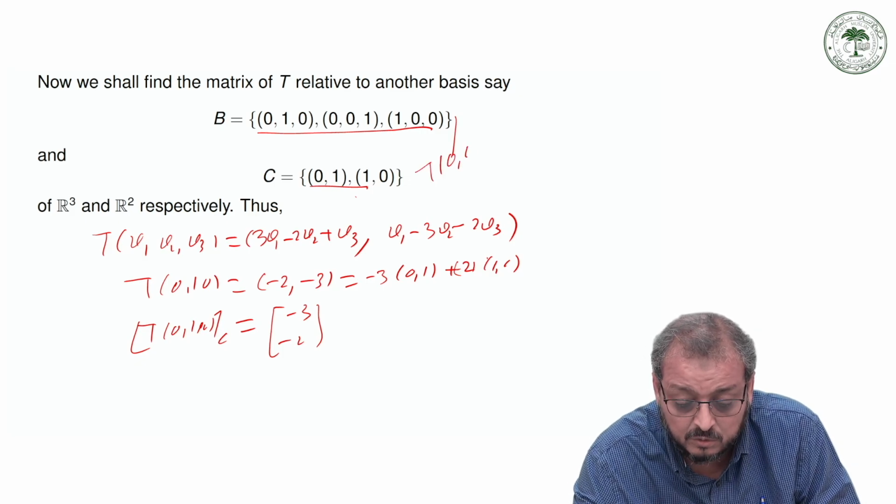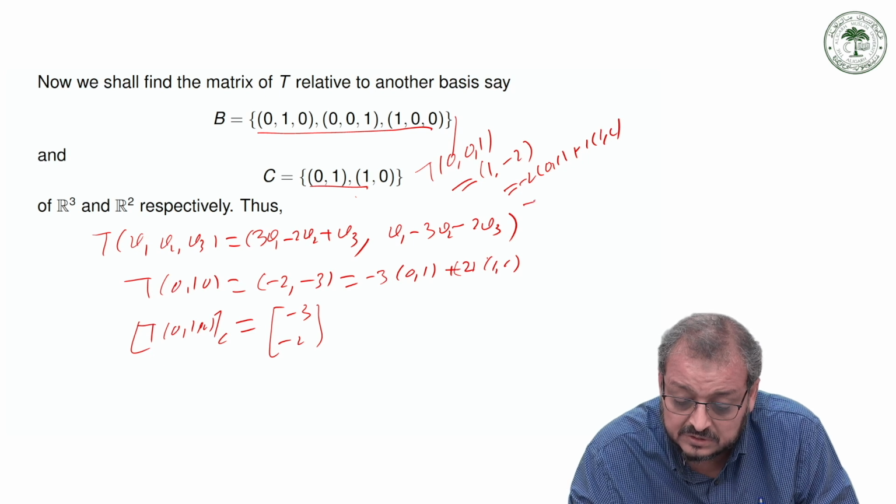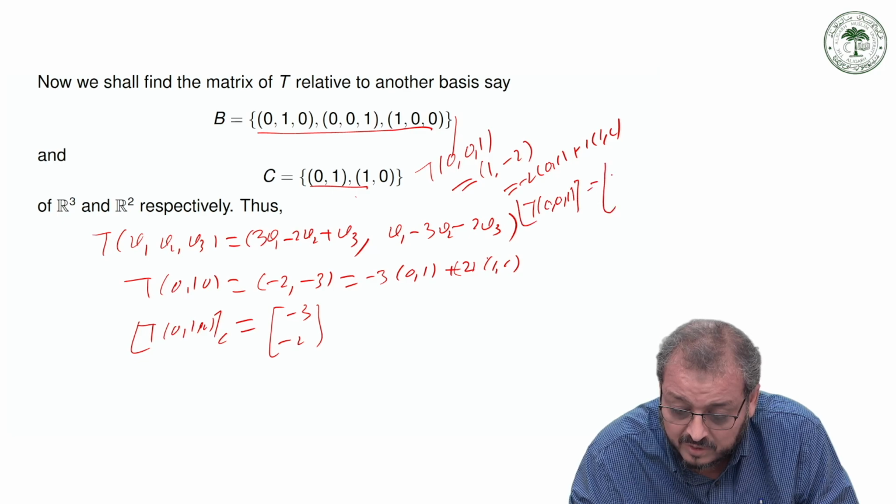In a similar fashion, we calculate T of 0 0 1, which is equal to 3, 1, -2. This can be written in the form of -2 times (0, 1) plus 1 times (1, 0). So T of 0 0 1 as a column vector is equal to -2 and 1.